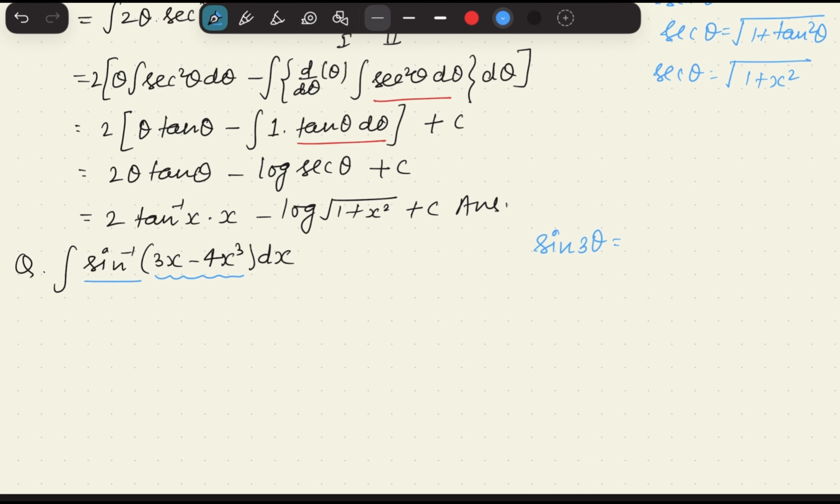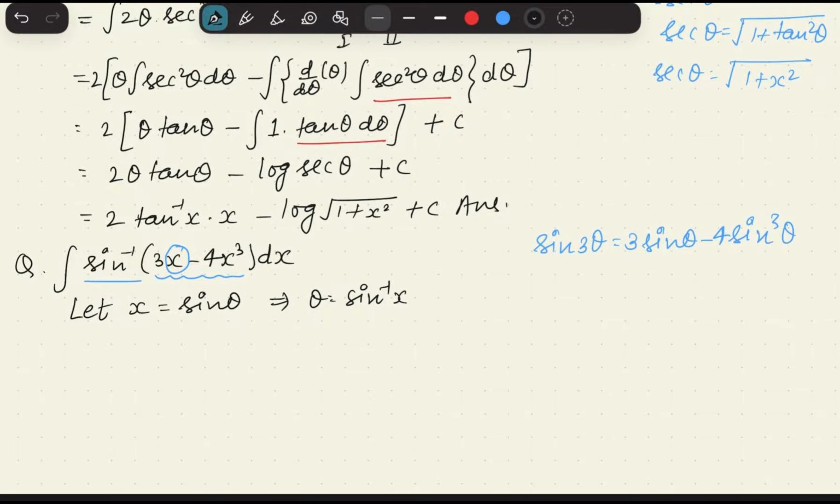Sine 3 theta is equal to 3 sine theta minus 4 sine cube theta. So here we can replace this x by sine theta. So let us consider x is equal to sine theta. So theta is equal to sine inverse x. We will need it later.